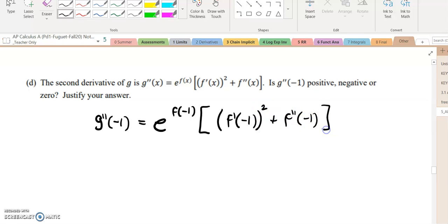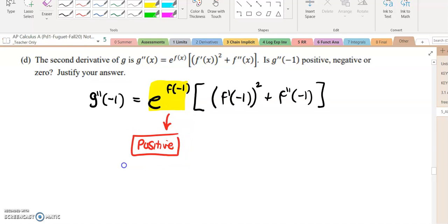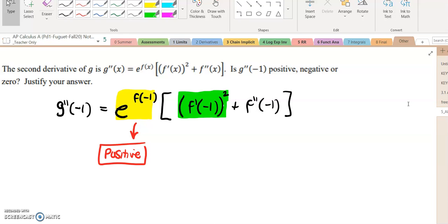All right. So let's start with this first part here in yellow. We've said this already numerous times in this question. e to the anything is going to be a positive answer. So I don't think I need to explain any more about that, using the same logic that I showed earlier in the video. Let's move to the second section. This second term right here is going to end up being positive.